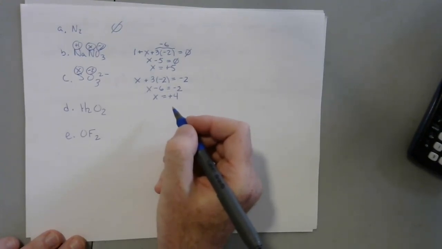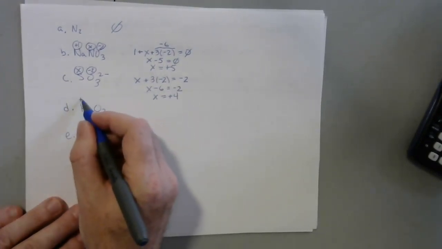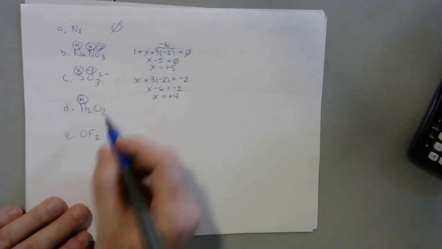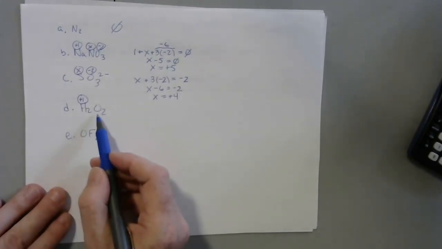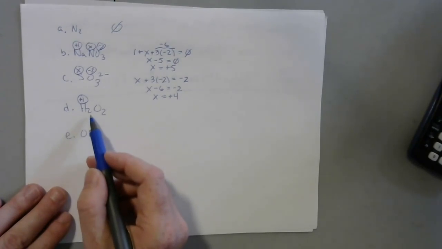Now, the last two are two of those exceptions. Hydrogen peroxide: we can apply the +1, but you can see rather quickly that if I apply the -2 for oxygen, it's not going to add up to 0 like it's supposed to.